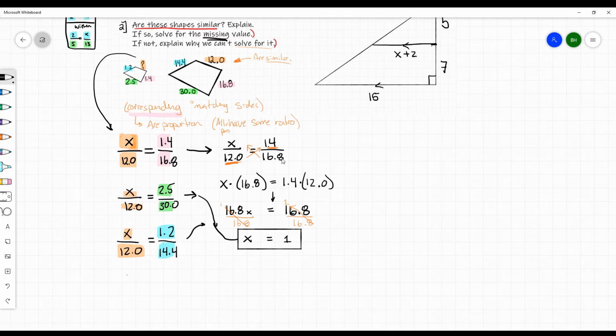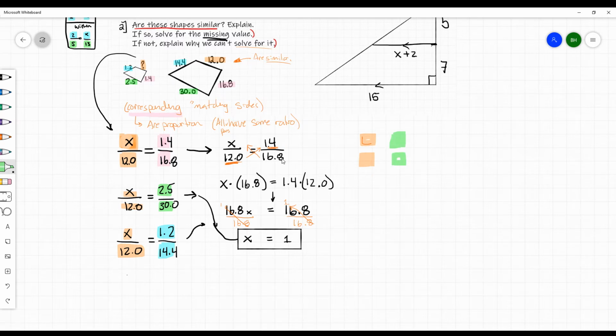Okay, another way that you can solve for it, I'm going to use this green ratio here. So if I come over here and rewrite it, let me show you another way of doing this. And I believe there are some students in our class who have shared this method, and I really like the way you think about it.